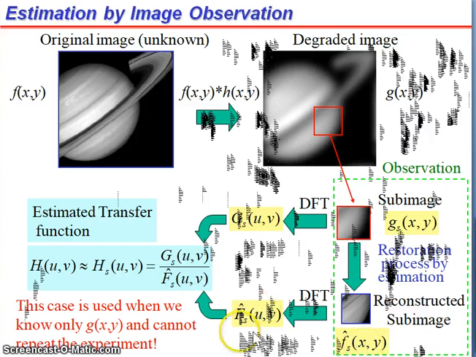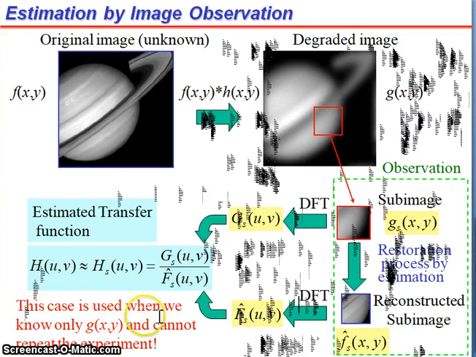Then convert it to fs cap of u comma v and take the ratio of these two. From this equation, g of u comma v by f of u comma v is almost equal to h of u comma v. So this ratio gives the result, h of u comma v. In this way we can estimate the transfer function of the degradation function.